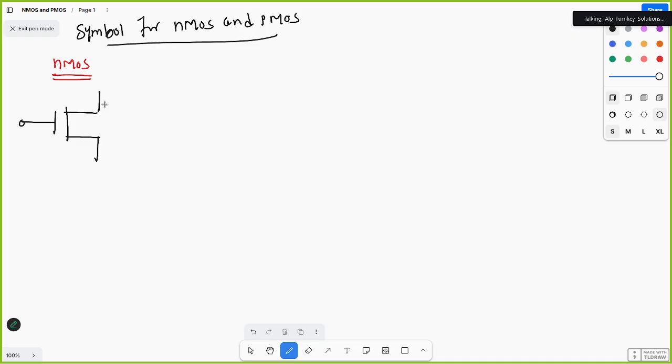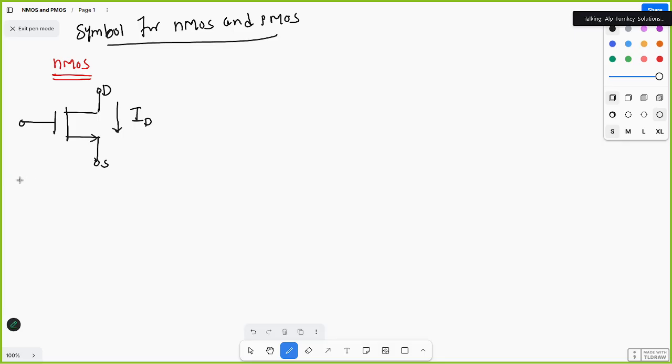This is gate, this one is drain, this one is source. Current will flow from where to where? Drain to source. This is ID, and this gives the current direction, drain to source.